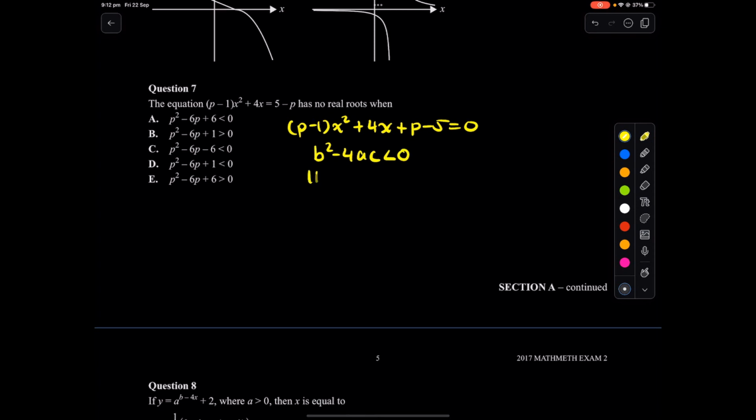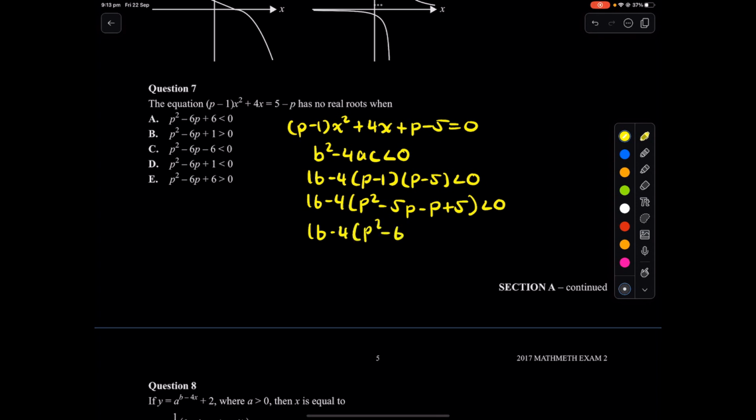So b squared is just 16 minus 4, p minus 1, and c is p minus 5, and that should be less than 0. So we're saying 16 minus 4, so it will be p squared minus 5p minus p plus 5, must be less than 0. So 16 minus 4, p squared minus 6p plus 5 must be less than 0.